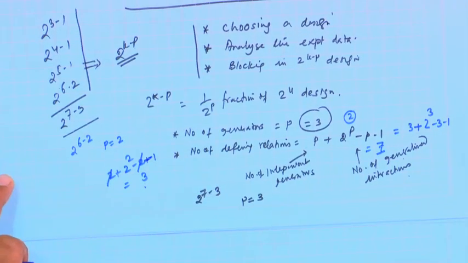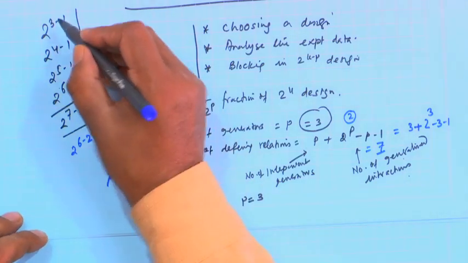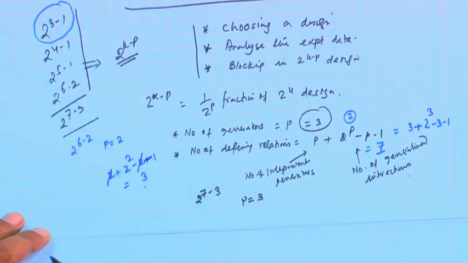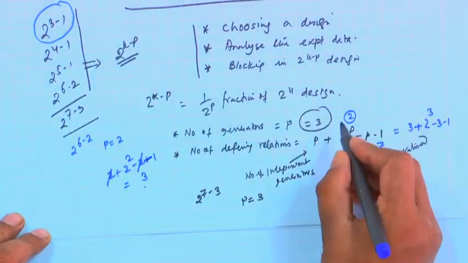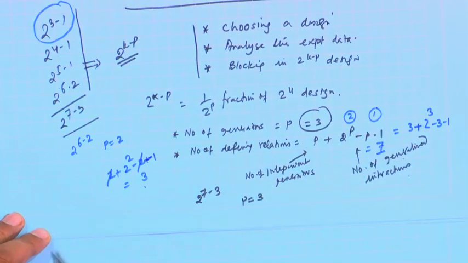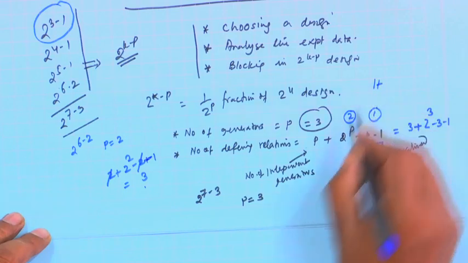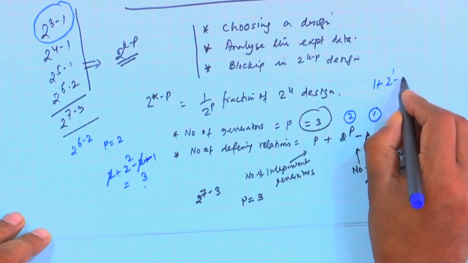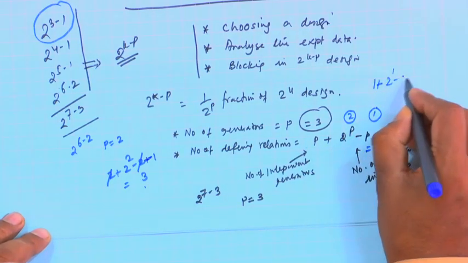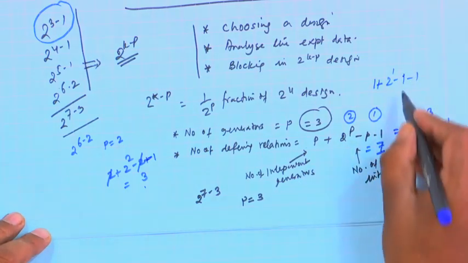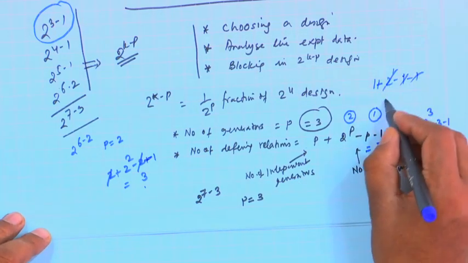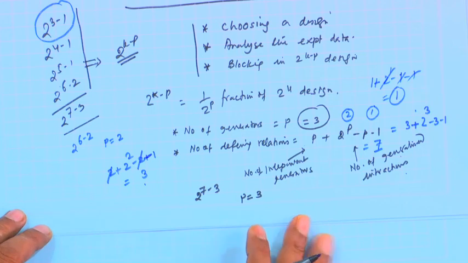So, you have seen earlier, if you consider this design, p equal to 1, the defining relations will be 1 plus 2 to the power 1 minus 1 minus 1. So, this will cancel out. So it is 1. In this manner you have to understand.